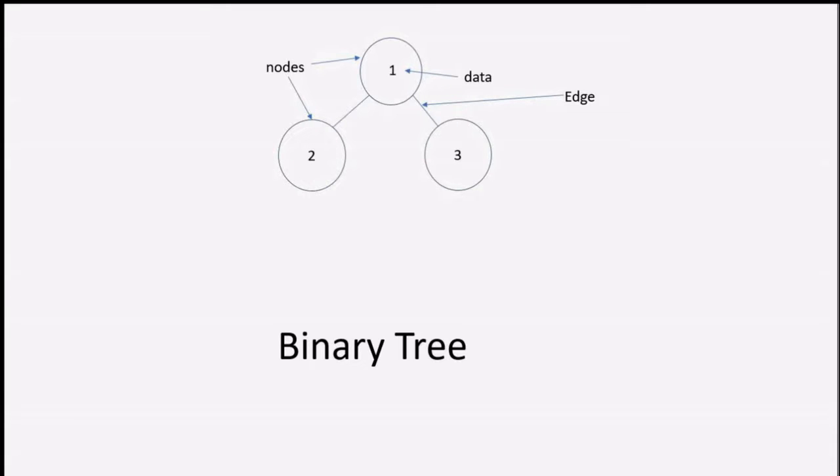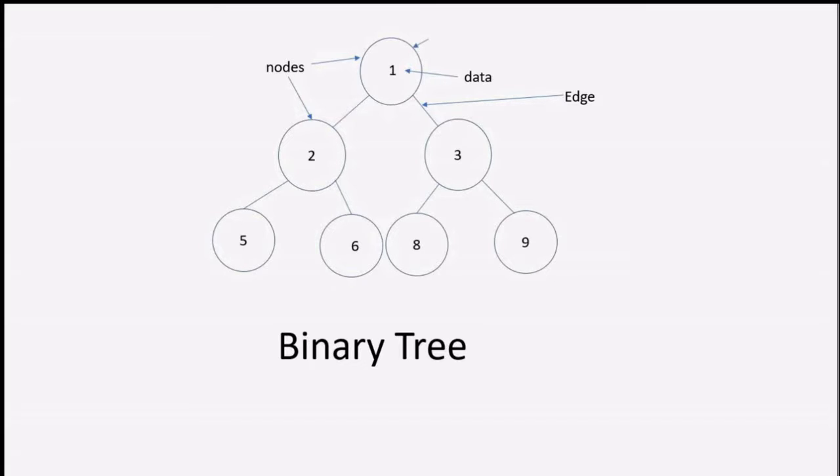As we know, the edges can be directional or unidirectional. As we can see, each and every node has at most two children. That means each and every node can have 0, 1, or 2 children.